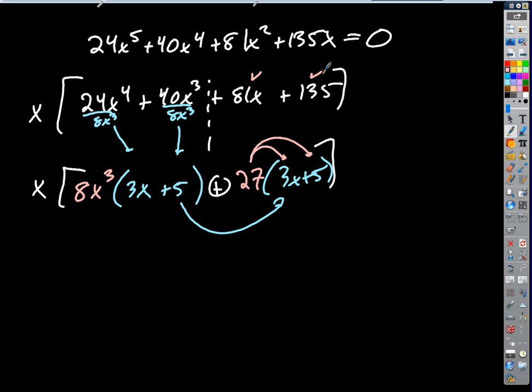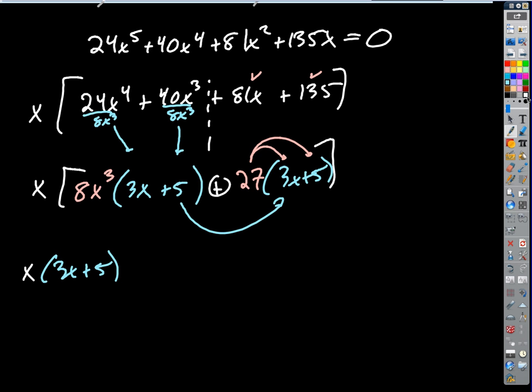So it works. Now watch carefully on this one, because this is an important step. Inside the brackets, I've got these two groups. Is there a common factor I can factor out front? What is it going to be? 3x plus 5. So where does it go? It goes out front with the x. So I've got my 3x plus 5 that got pulled out front.